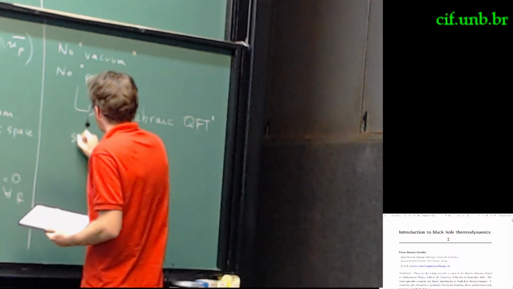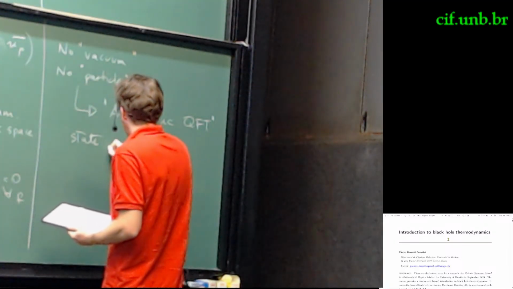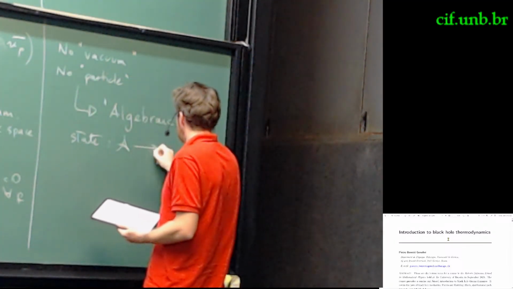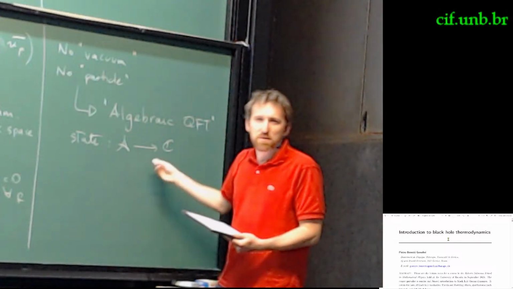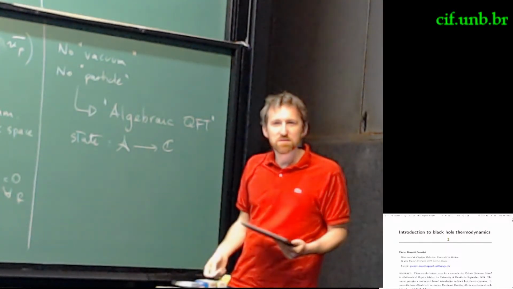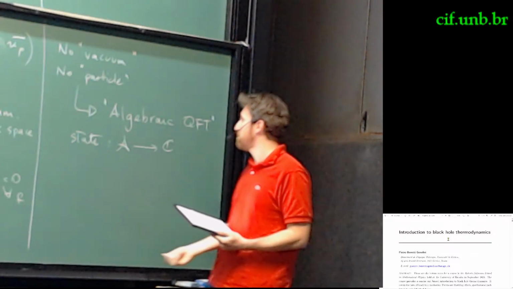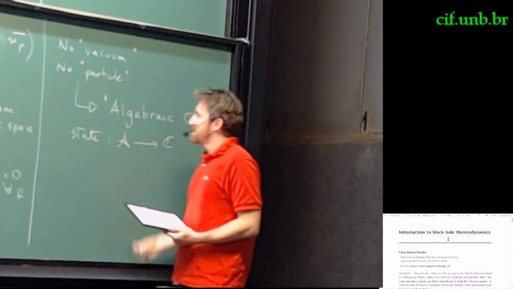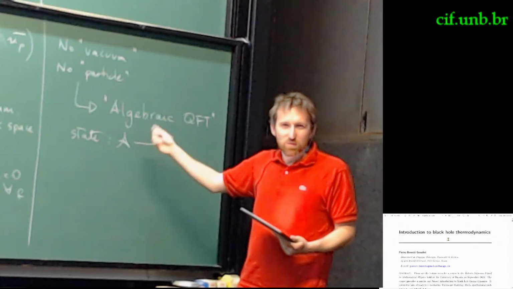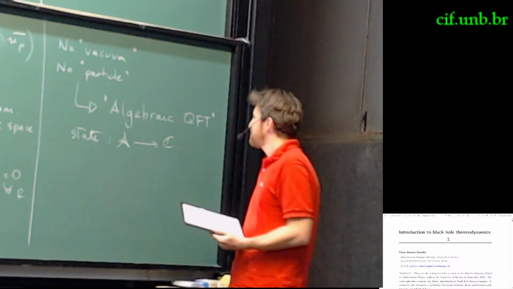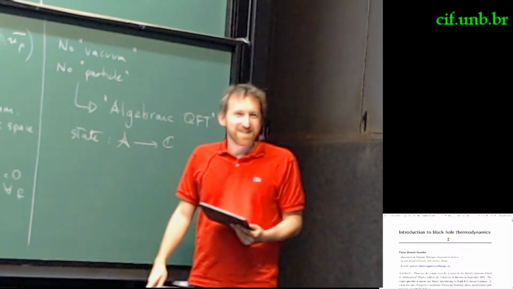So a state is a map from the algebra to complex or real numbers, depending on the choice of field that you're using. So this is the proper way of doing quantum field theory on a curved background. I will not do that.